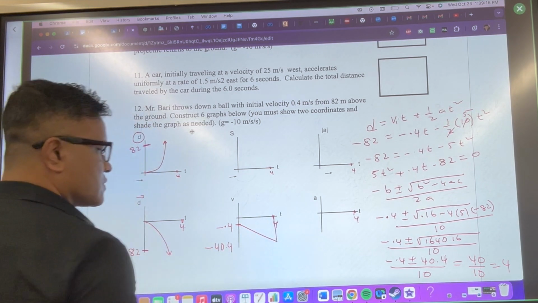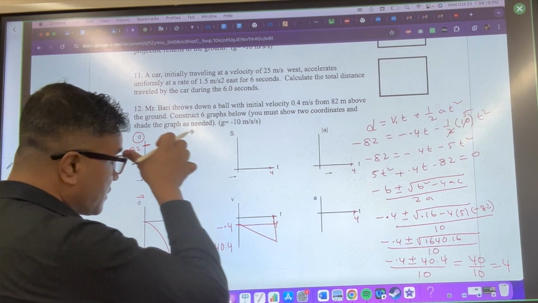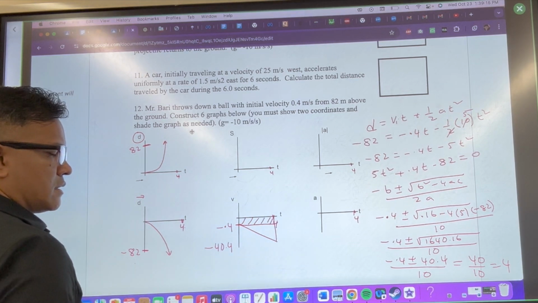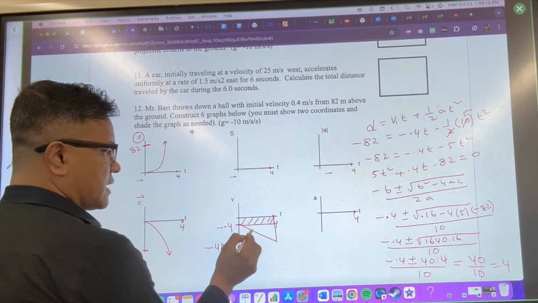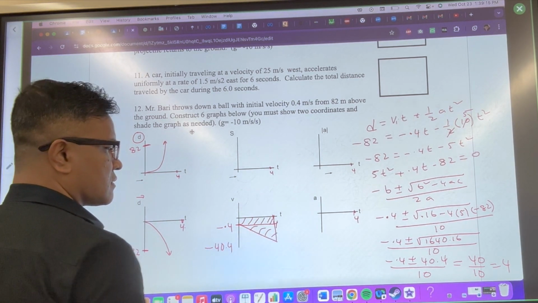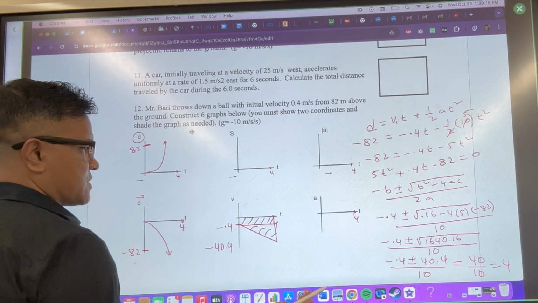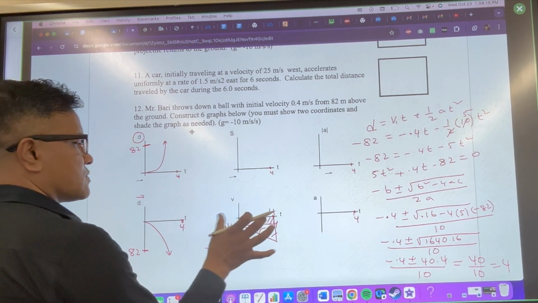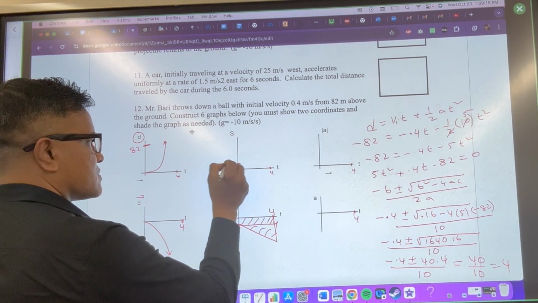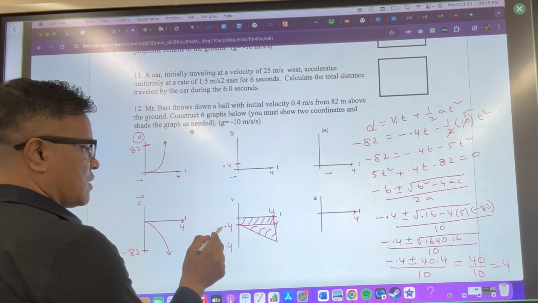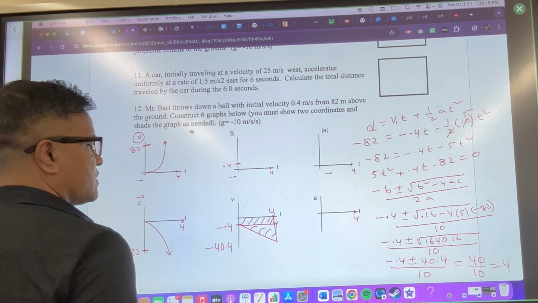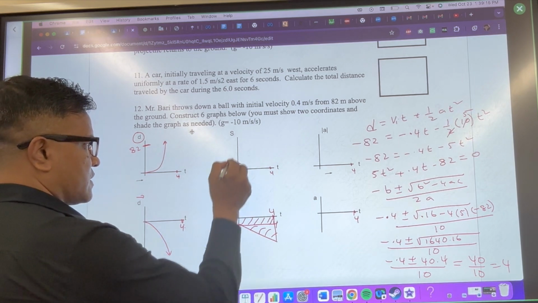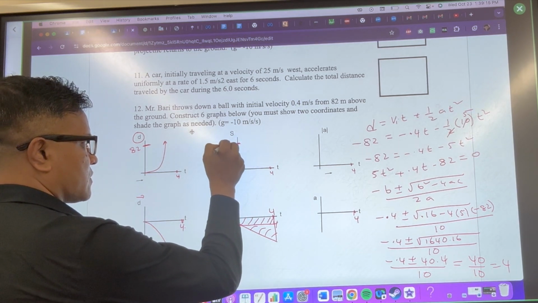Good. Now you have a rectangle and a triangle. That's all I ask you to do. Make the 4 visible. Take the absolute value: the absolute value of negative 0.4 is 0.4, and the absolute value of negative 40.4 is 40.4.